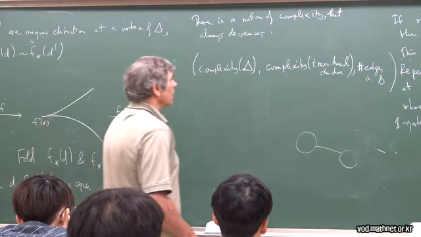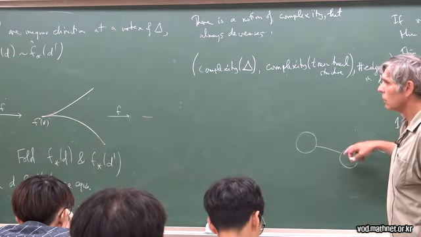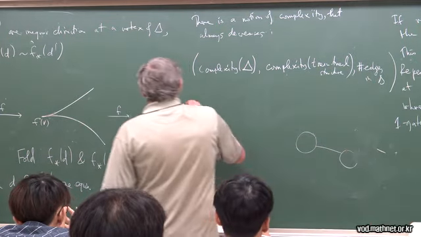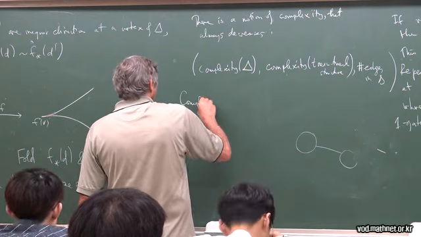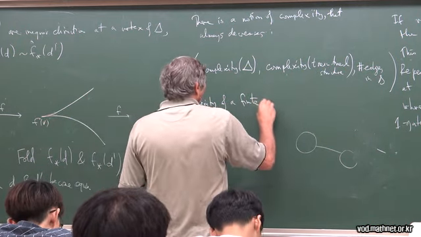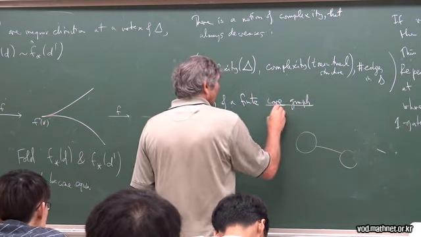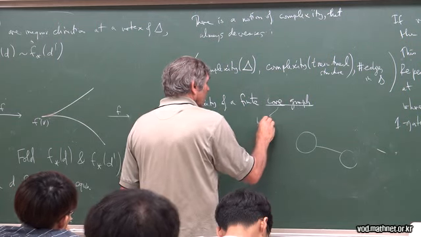Okay, so what is the complexity of a core graph? So, complexity of a finite core graph. Core graph just means no hanging trees.